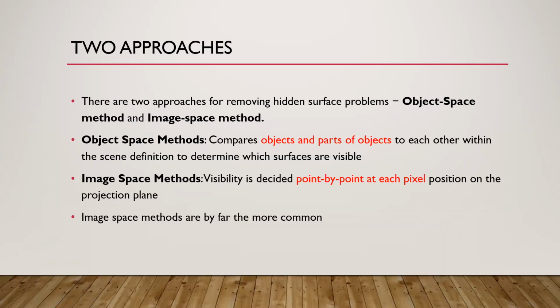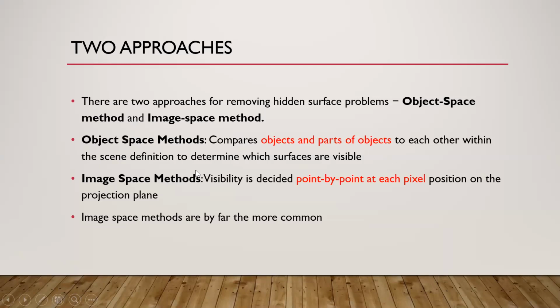So you're going to take each face of the cube and compare it with other parts of the object or other objects, such that you can find which objects are coming behind each other, or which object is actually in front of the user's view. So that is the method used in the object space method: it compares objects and parts of objects.